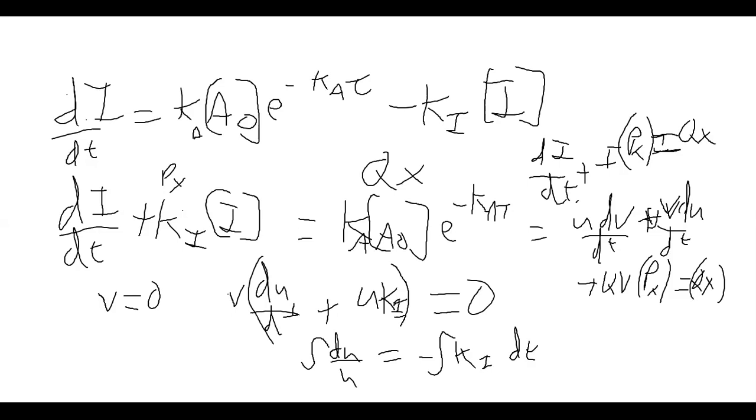So that's saying ln u equals negative ki t plus a constant. Solving for u is equal then to c e to the negative ki t.